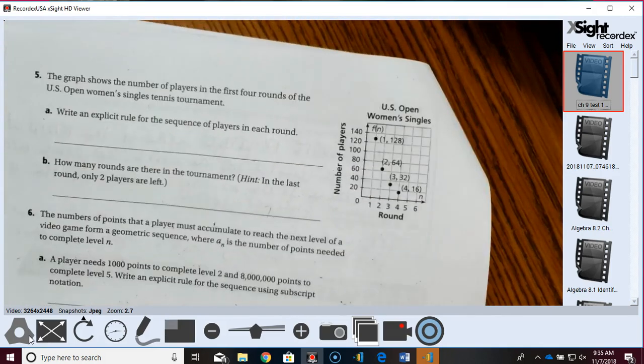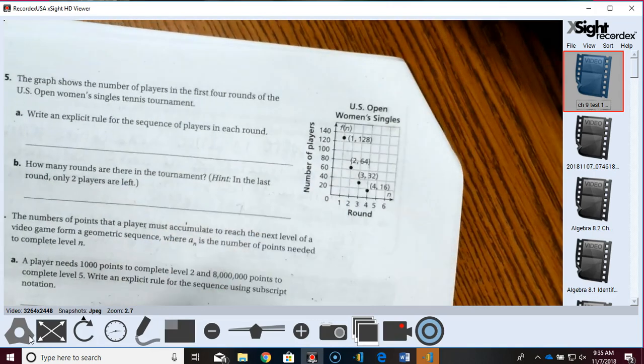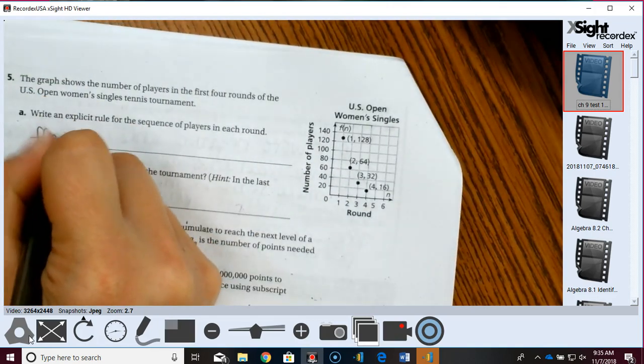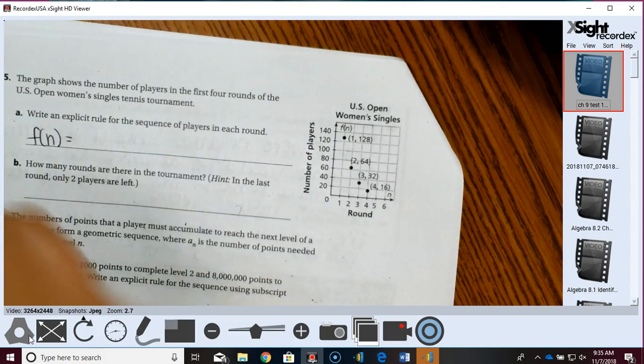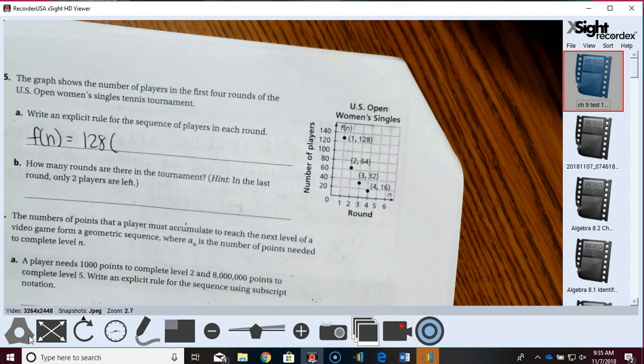Our graph shows the numbers of players in the first 4 rounds of the U.S. Open's women's tennis tournament. Write an explicit rule for the sequence of players in each round. Okay. So our f of n equals term 1 times our pattern. What's our pattern? 128, isn't that divided by 4?